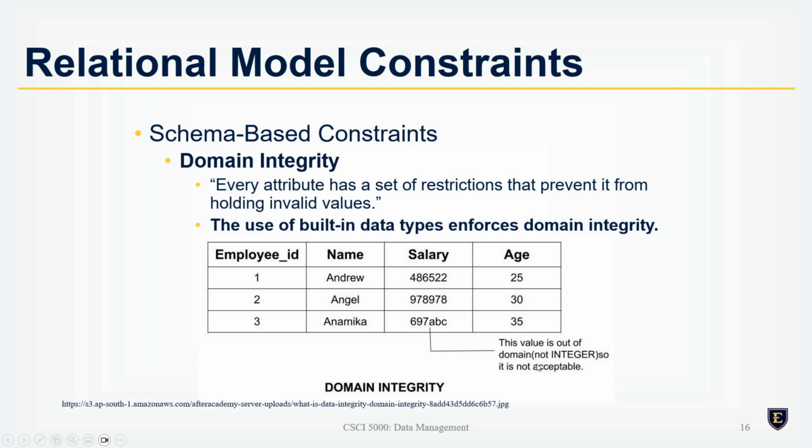It's not an integer, so it's not acceptable. If we tried to enter this in the database, the database would show us errors because it would fail the domain integrity check. And that's a good thing because it protects us and it protects the data that we have.